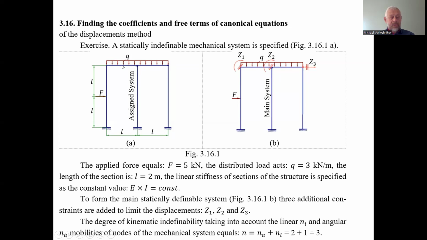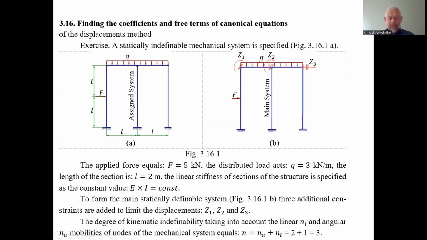This connection of two parts of the beam is rigidly connected, and the other is a hinge. So we have one rigid node and a second rigid node, so the number of angular indefinabilities of the system is 2, and next we find the number of linear ones.